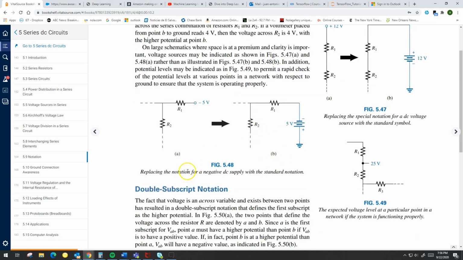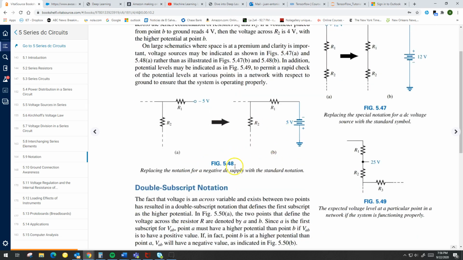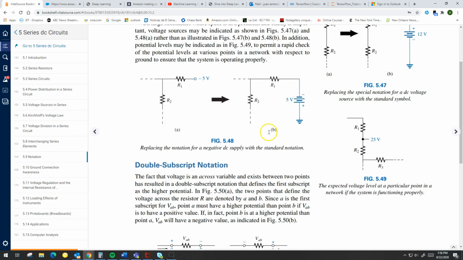Same thing here. In this circuit, if you look at figure B, again, this is obviously what we've been doing so far. You have R1 and R2 connected together. And R1 is the one connected to the negative of the voltage source, right? It's obvious from this connection. You can't go wrong by following that.